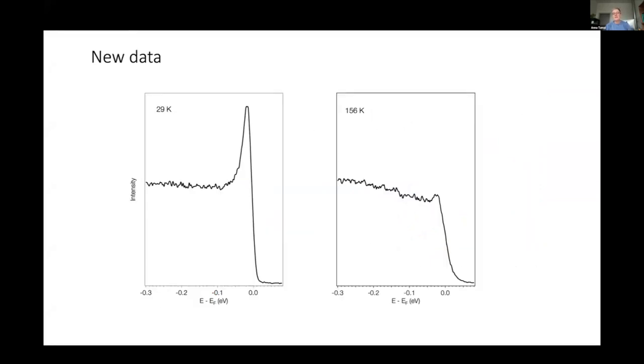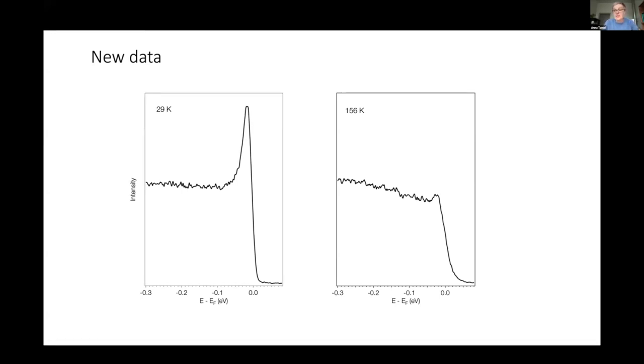So we look at this problem with a new set of measurements. We start with some simple spectra at low and at high temperature. At low temperature, you have a very high, well-defined quasi-particle peak. At high temperature, above this crossover into the insulating state along the z-axis, there is still a tiny peak in the spectra.